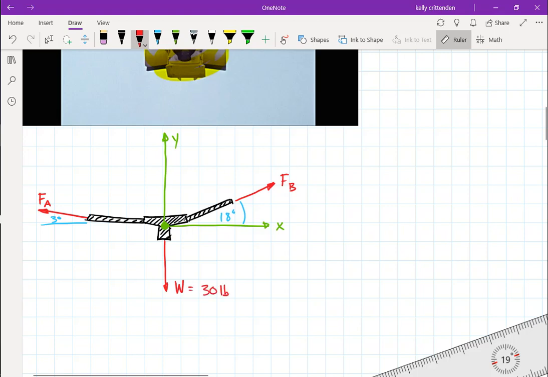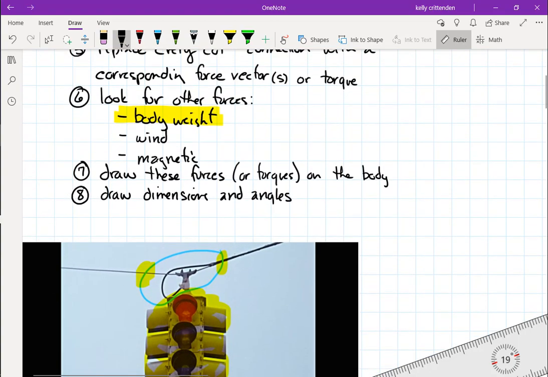Now we have a free body diagram of our little T-clamp thing in the middle there. It's got the most relevant forces on it. It's got some dimensions, in this case just angles from horizontal. And we've got some variable names. I should have specified that when you are doing this step, where you draw these forces or torques on the body, you should label them.